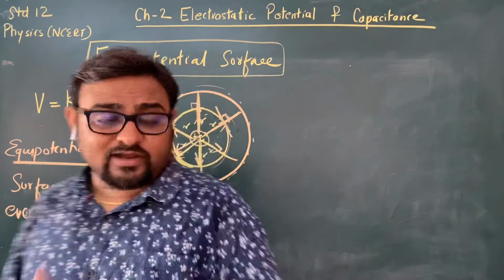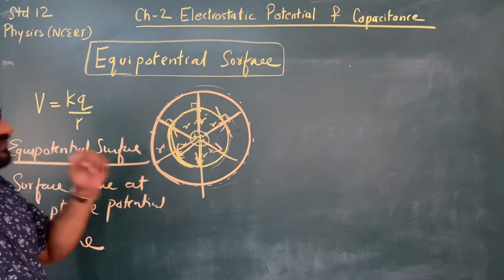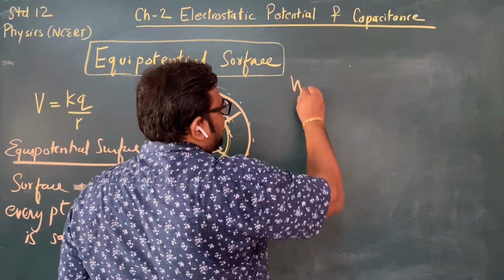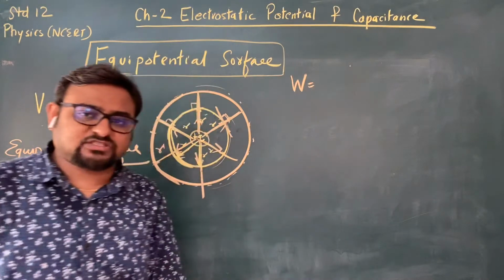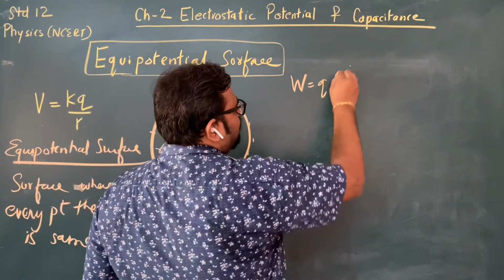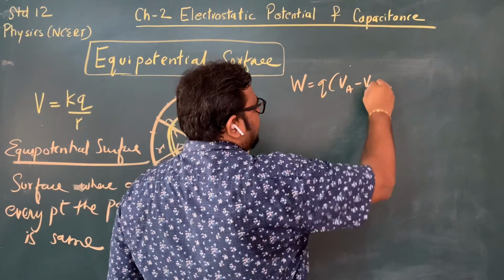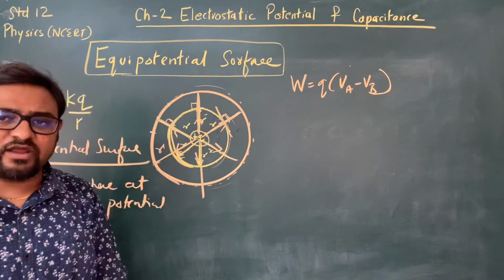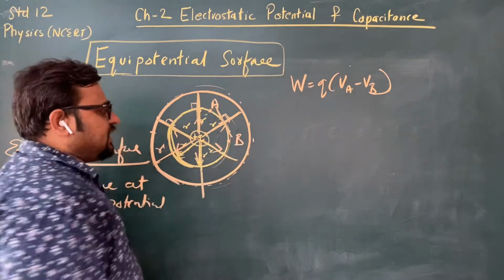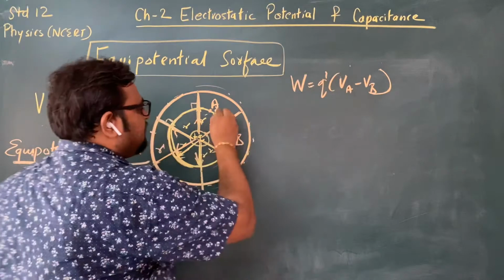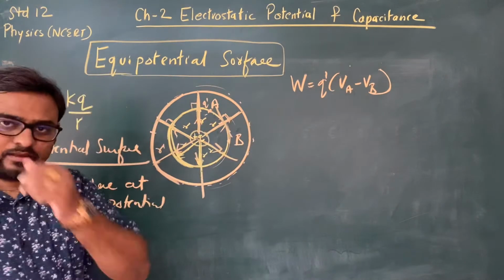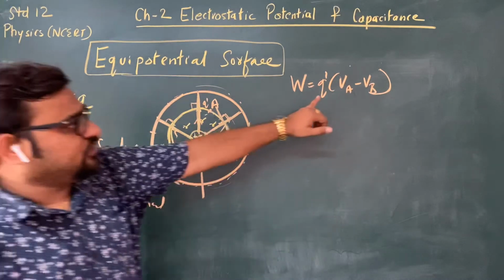Now, work done in bringing a charge from one point to another. What is the formula of work done? If you are moving a charge q from one place to another, the work done will be equal to q into (Va minus Vb). Now see, if I take this point A and this point B, and if I want to move a charge q dash from A to B, then work done will be q dash into (Va minus Vb).